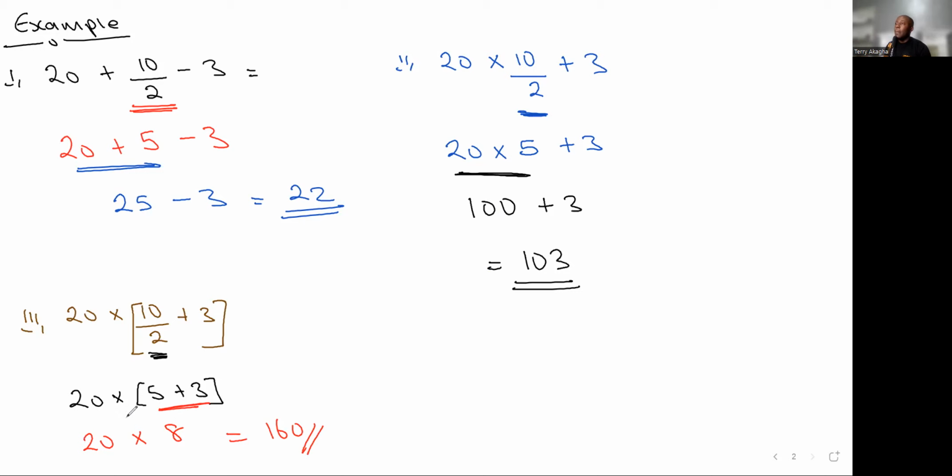So let's pick one more example, and we'll call it a day for now. Let's say we had 20 subtracting 3, this in bracket, and plus 10 divided by 2, this also in bracket. So if you remember, the bracket has the highest priority, so we have to solve the brackets first.